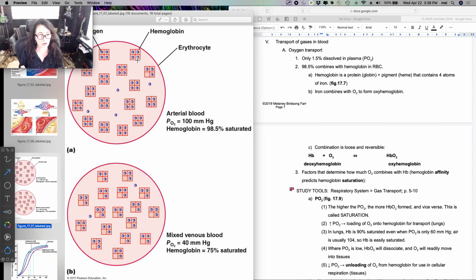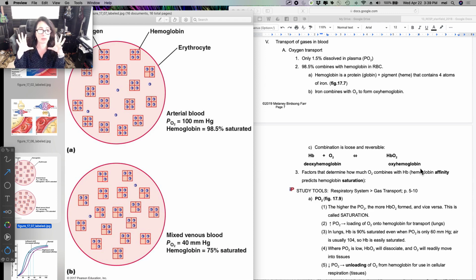And we'll talk about how it carries carbon dioxide in just a second. So iron combines with oxygen in hemoglobin, and this is a loose reversible interaction. A bus doesn't do you any good if you can't get on it and can't get off of it. So this combination is loose and reversible.